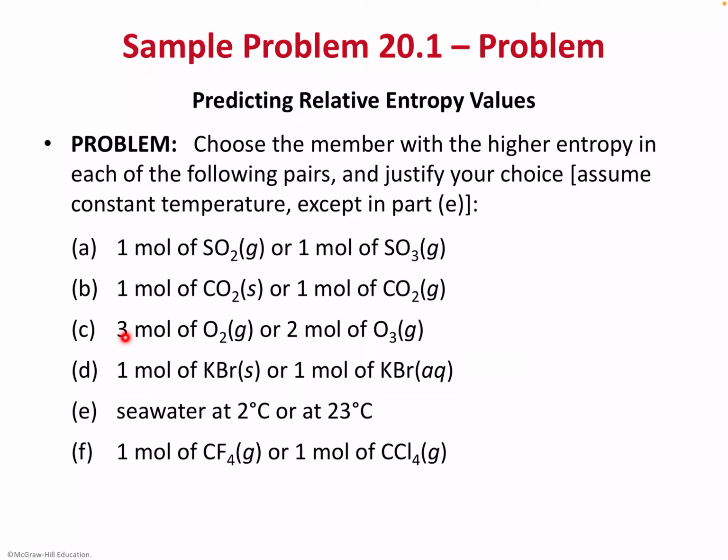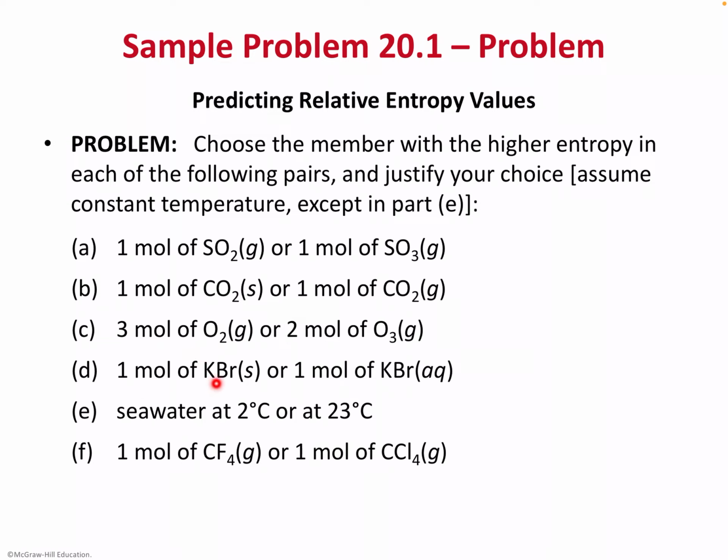But there are three molecules of this and two of this. So even though there are 6 oxygen atoms in both cases, 3 times 2 and 2 times 3, the number of molecules, 3 here, would win over 2 moles of ozone. That will give you more freedom of motion, so three moles of oxygen would have a higher entropy.